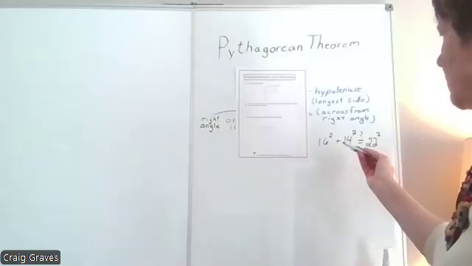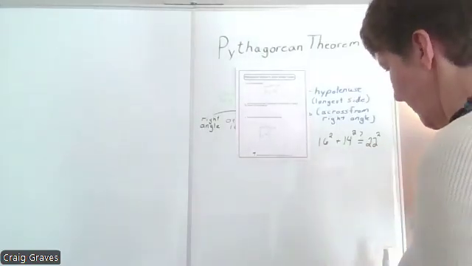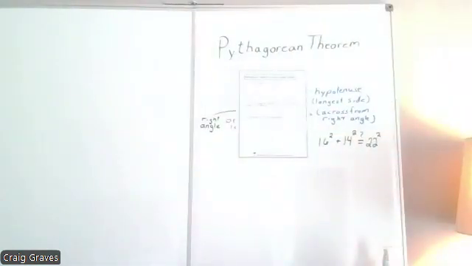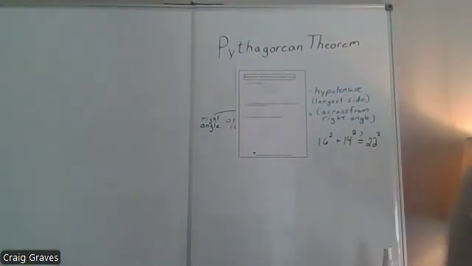Okay, so 16 squared, you might not know that off the top of your head, so you can use a calculator. Sixteen times 16 is 256.